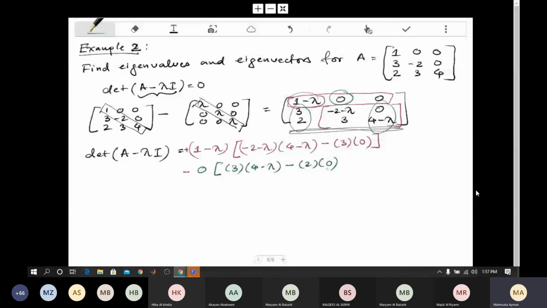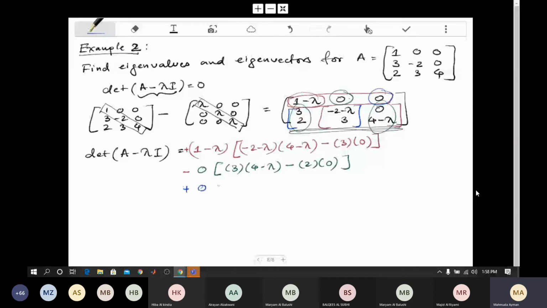Okay, now we will take this element here and, leaving its row and its column, we will take the matrix here and find the determinant. And also please take note of the signs. Here first we'll have positive, then negative, and again positive. So it continues, then negative, then positive, depending on how big your matrix is.